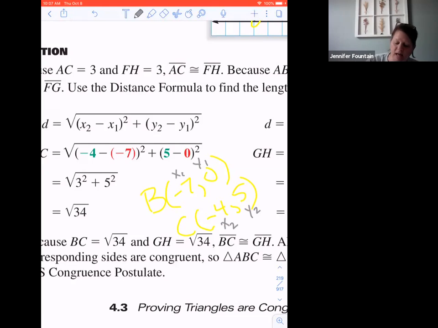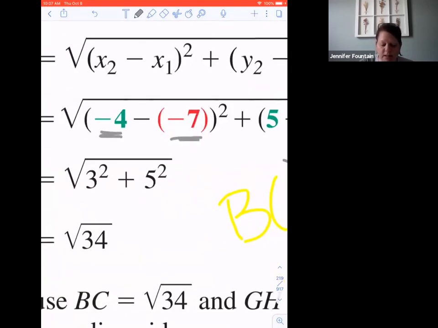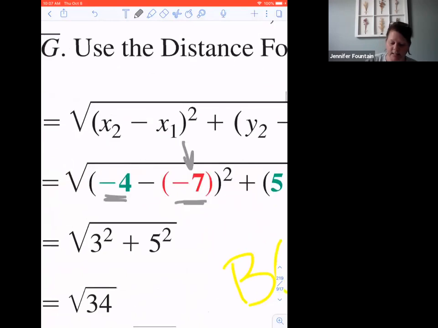So here they said, okay, I've got -4 as X2. I've got -7 as X1. Now, one thing to notice here is how they use parentheses for X. So basically, when you're writing this, you could go ahead and use parentheses to put in X1 and X2, and then that way you've got your symbols correct. You can pay attention because this was a -7 here.